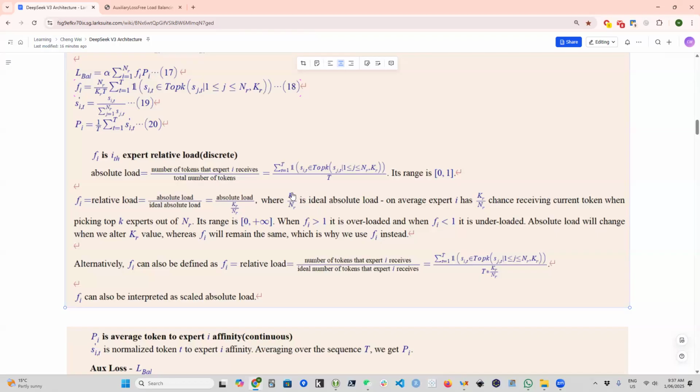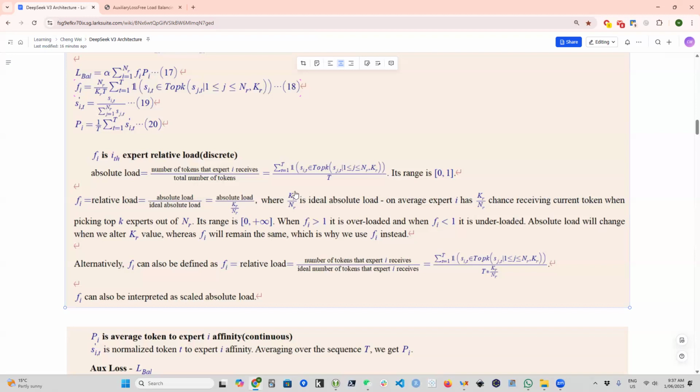It is equal to K divided by N. So for each token, if we pick top K, then an expert will get this chance to receive the token, right? If for example we reduce K to 1, each time we pick one expert, then it's a 1 over N chance for each expert to receive this token, right?